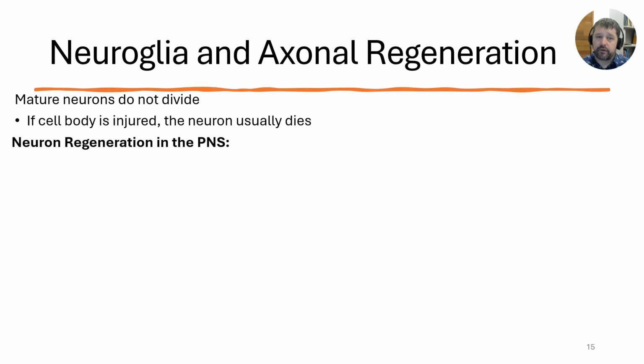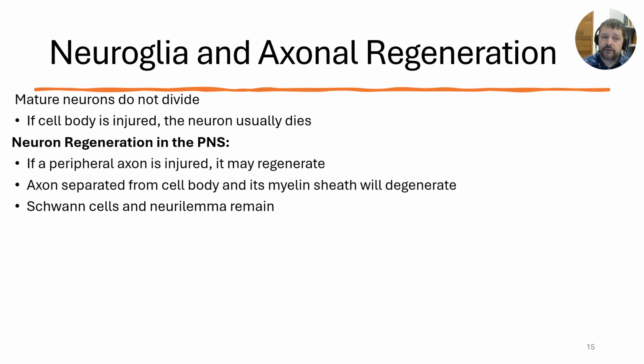But for the most part, if the body of the nerve is injured, okay, that neuron will die. Okay, and so neurons in general in the peripheral nervous system, they may regenerate an axon. It depends on where the damage is done and how much damage has been done.